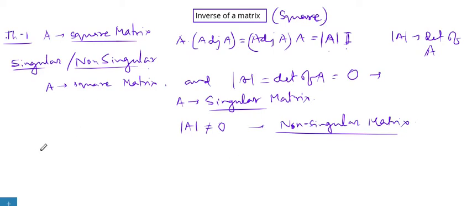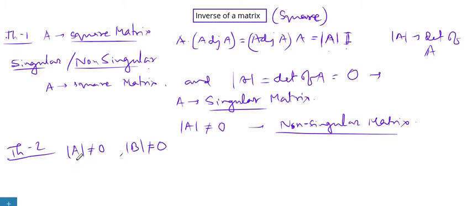Now the second theorem is all about this singularity or non-singularity. If A and B are two square matrices such that determinant of A is not equal to 0 and determinant of B is not equal to 0, obviously A and B are square matrices, so their determinant is possible.